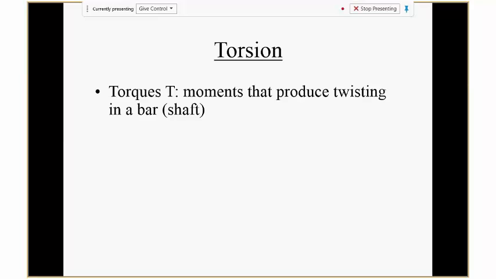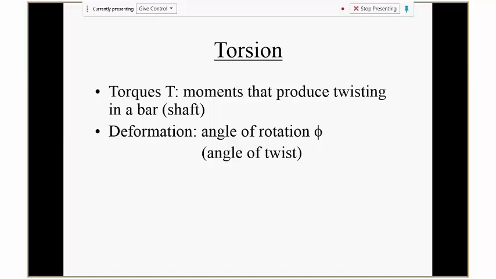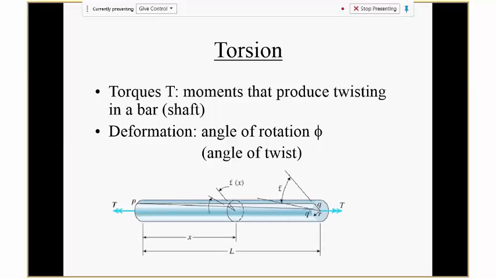This is the situation we're going to have. If you have a torque applied to a bar, we know this is going to happen: if you fix this end, the other end is going to rotate by an angle. That is the kind of deformation.